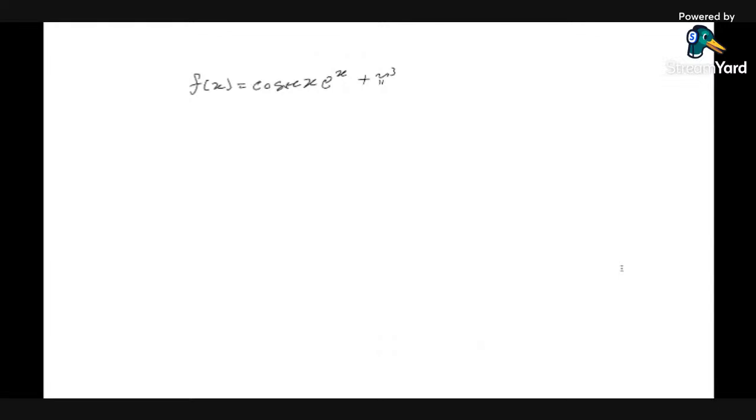Yes. The derivative, so now we need to use the product rule since we have this function and that function. And here, this is just a constant. So the constant equates to 0, right?